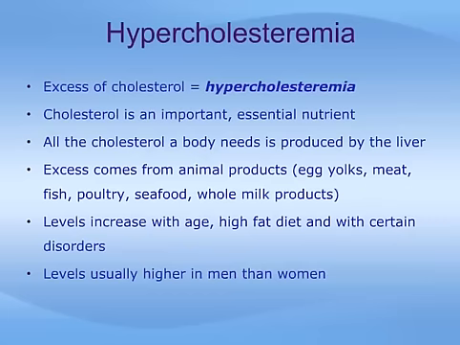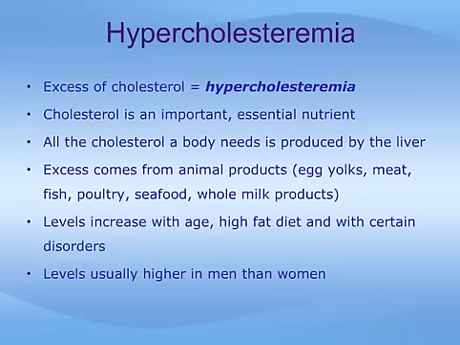An excess of cholesterol in the blood, called hypercholesteremia, is a well-known risk factor for heart disease. Though cholesterol is an important essential nutrient used to form the outer coating of cells, called cell membranes, as well as hormones and other needed tissues, too much cholesterol in the blood can have dangerous consequences.